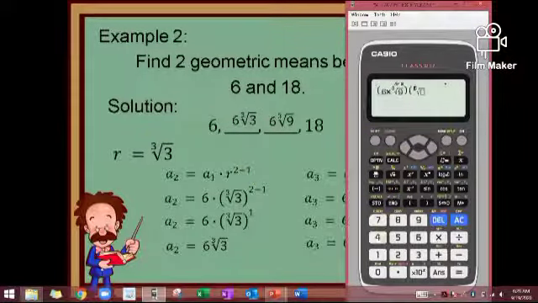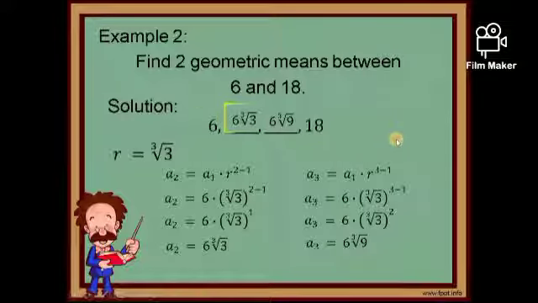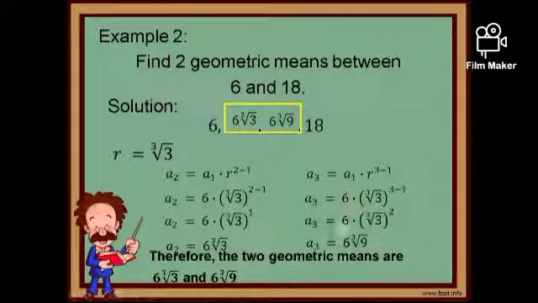Cube root of 3. Cube root of 3. And then hit the equal sign. And we have 18. So 18 is our fourth term. So meaning, this is absolutely a geometric sequence. Therefore, the two geometric means are 6 cube root of 3 and 6 cube root of 9.